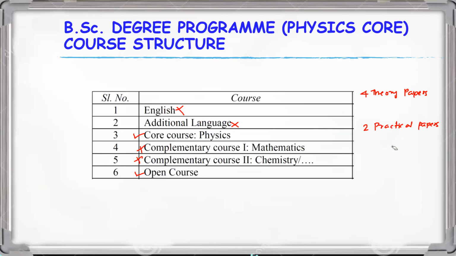In sixth semester, you have 4 theory papers, 2 practical papers, and a project. This is your course structure in the 3 years.